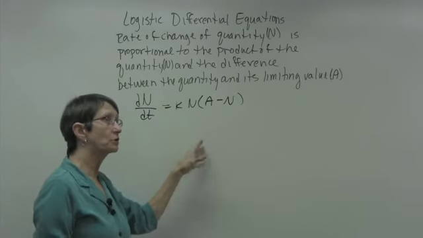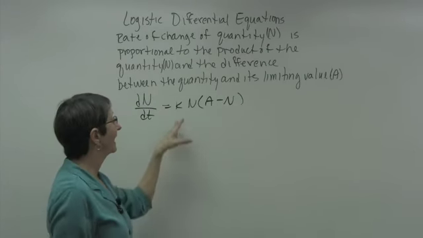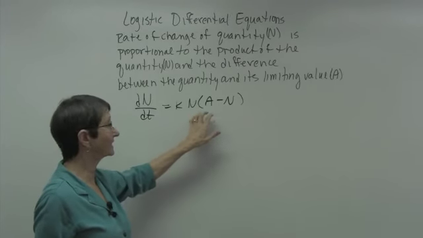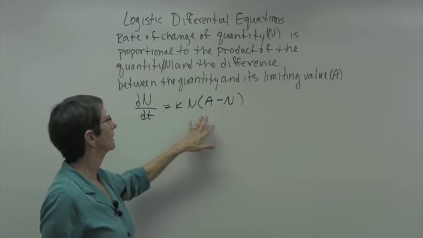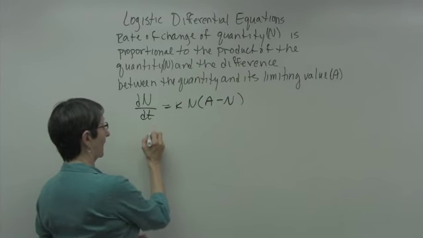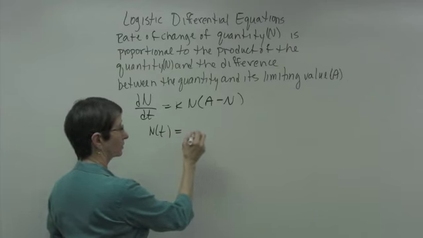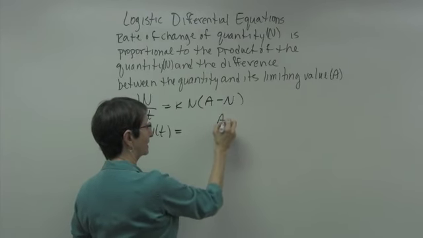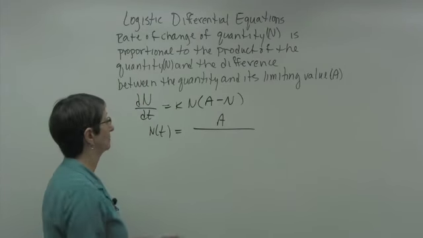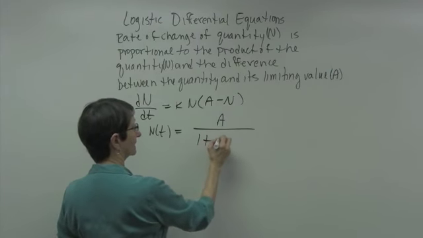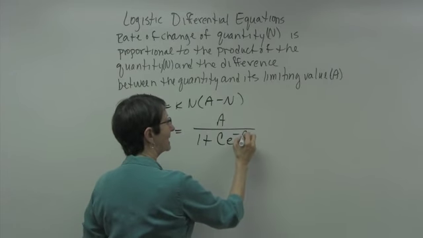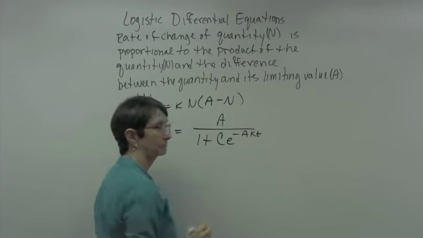Now, unfortunately or happily for you, we did not do the type of integration formulas that let us integrate this. But we do know what the results are. N of t is equal to the limiting value a, which you may at some point have called m because it's the maximum, over 1 plus c e to the negative a times kt.